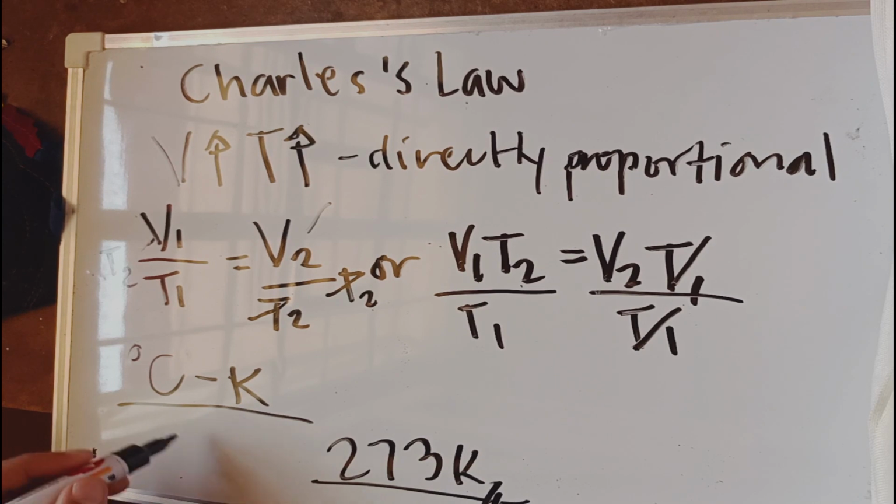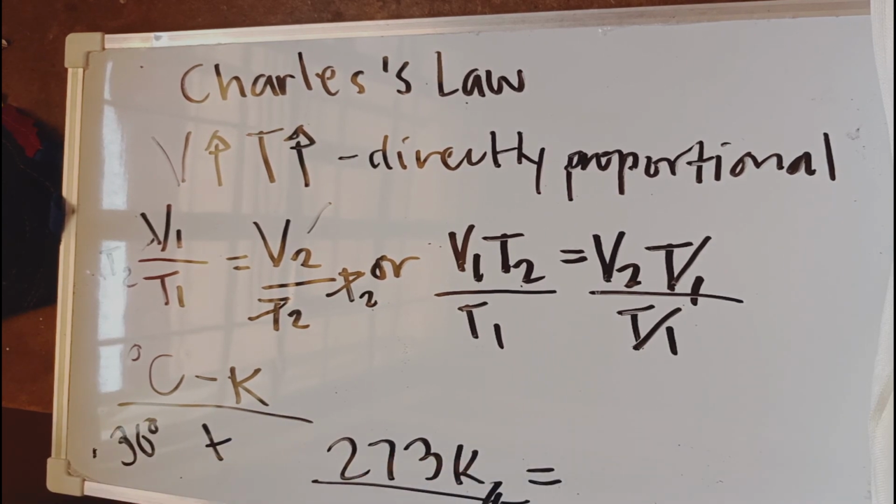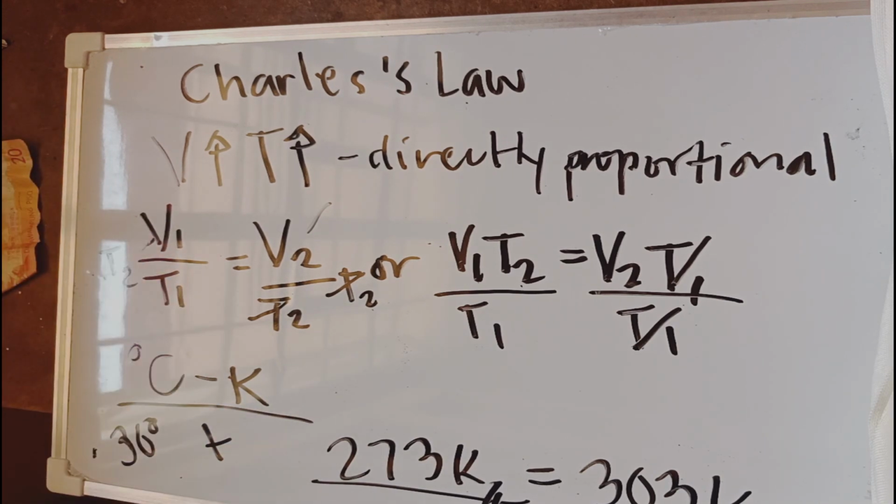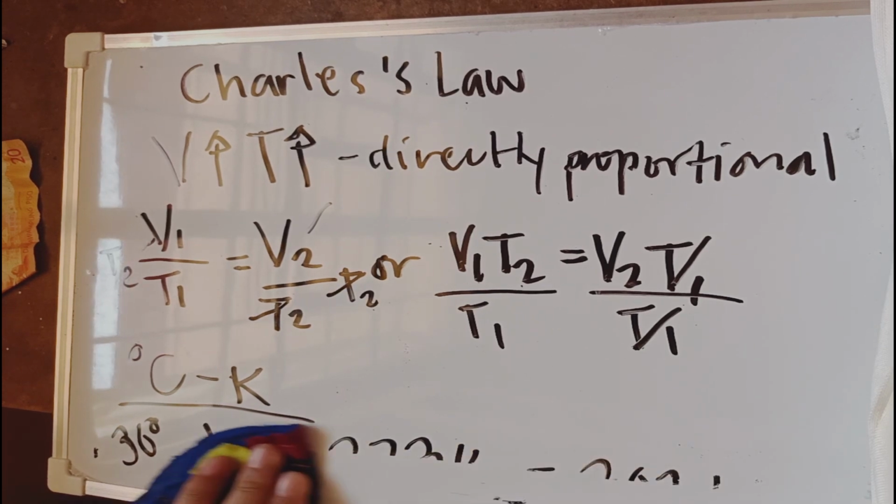For example, 30 degrees plus 273 is 303 Kelvin. Or if you need to go back to degrees Celsius, you just subtract 273. I hope you understand.